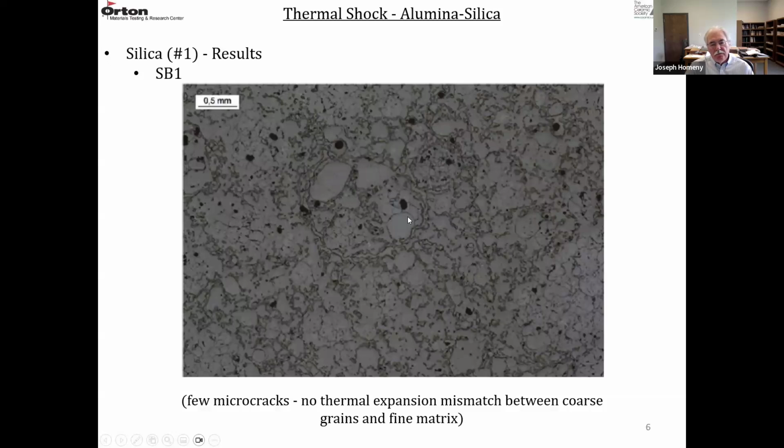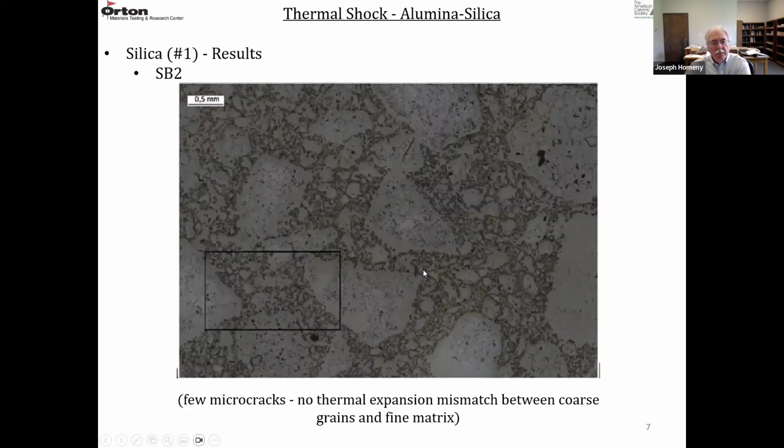So you can see the fine aggregates and then the matrix regions in between. And they noted that there were no microcracks here, and you wouldn't expect microcracks because it's all the same material, regardless whether it's a coarser particle or the matrix. There's no thermal expansion mismatch between the coarser grains and the finer matrix.